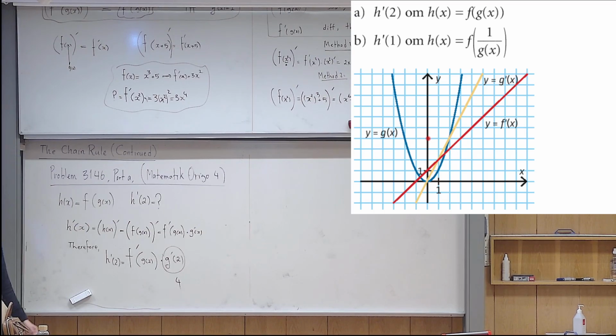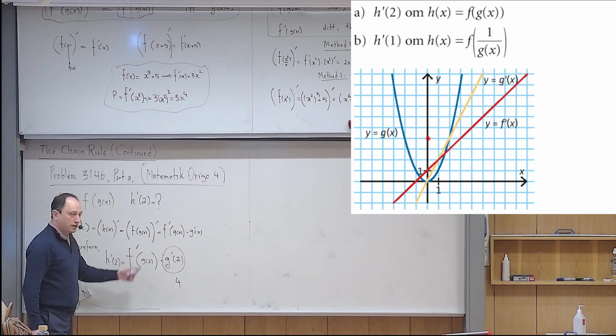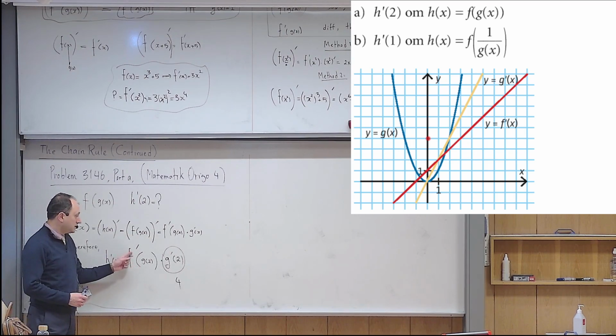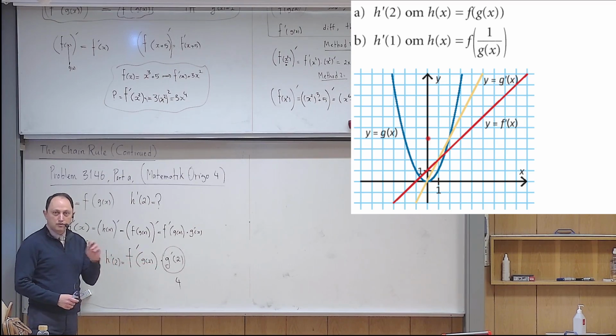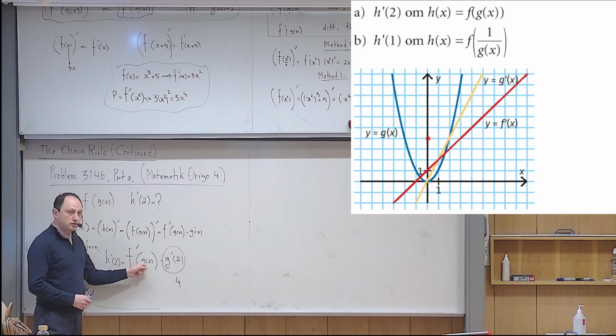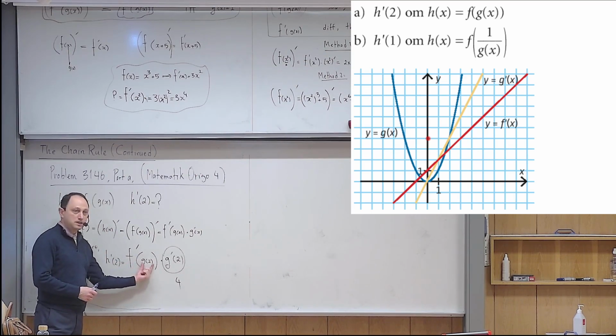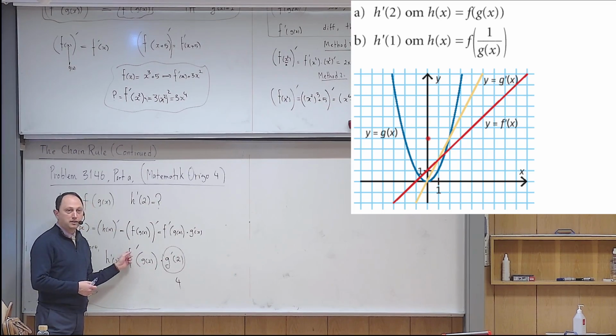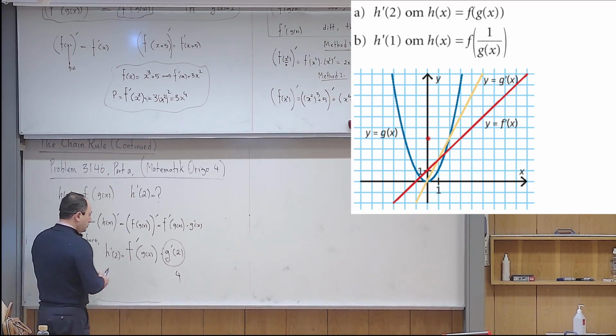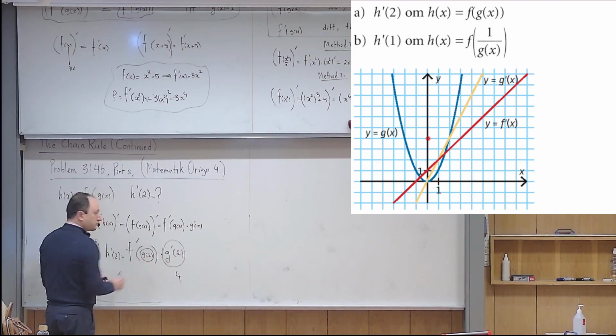Okay, but this one needs two things, because this is f prime of g of 2. So which graphs are involved? I need two graphs. I need one graph for g to be able to read this piece of information, and then after that, I need the graph of f prime. The graph of f prime is also given. So what I have to do is read what is g of 2.